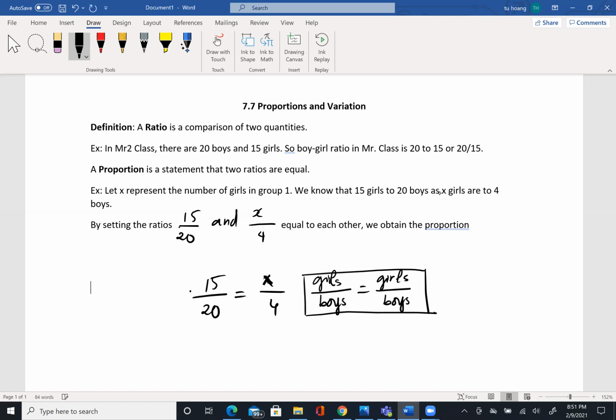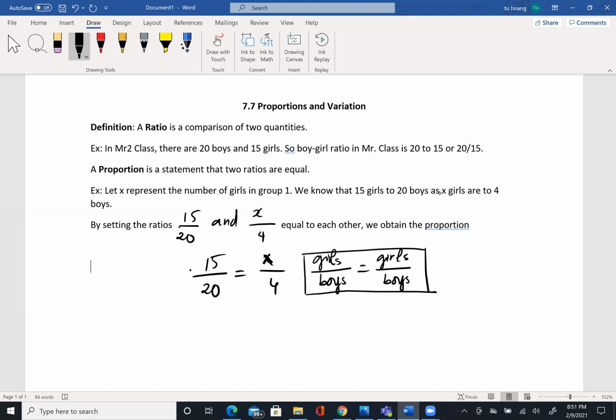So that is setting the ratio, and you can get this proportion, and then you can solve this proportion to find x.